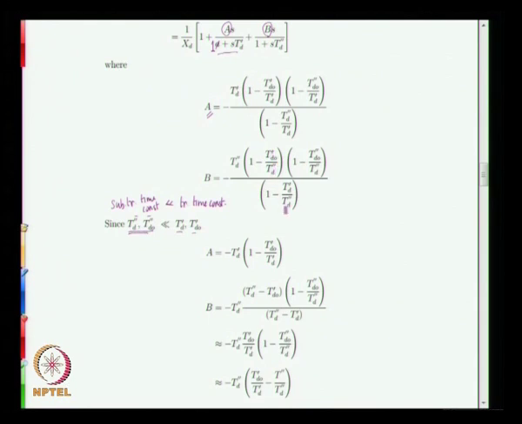So those two are removed, and you have in the numerator T double dash d minus T dash dO, in the denominator T double dash d minus T dash d, and then you have this expression.